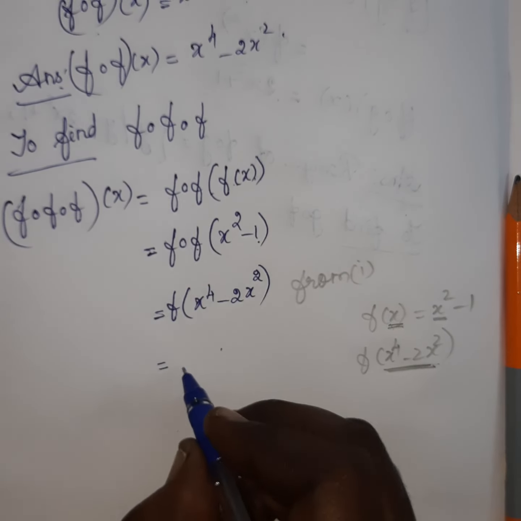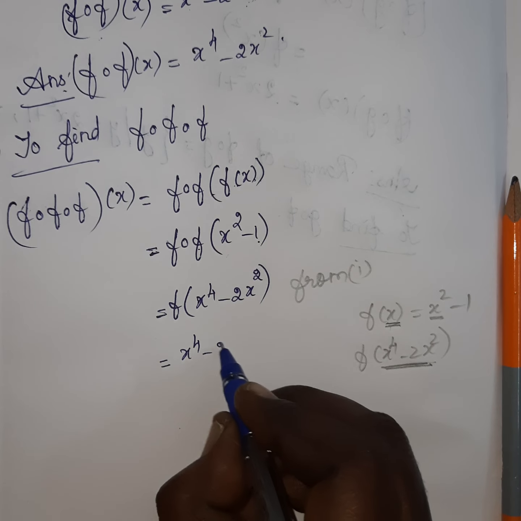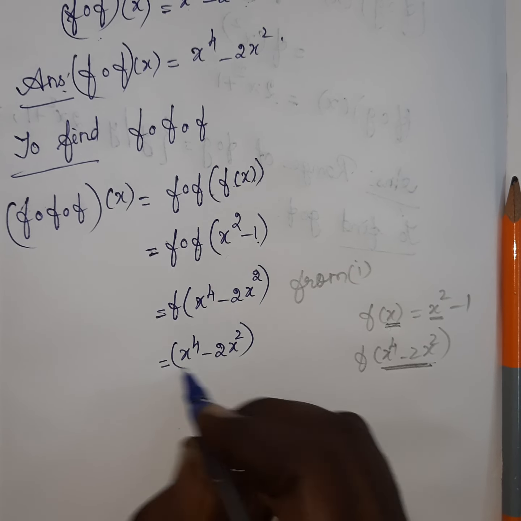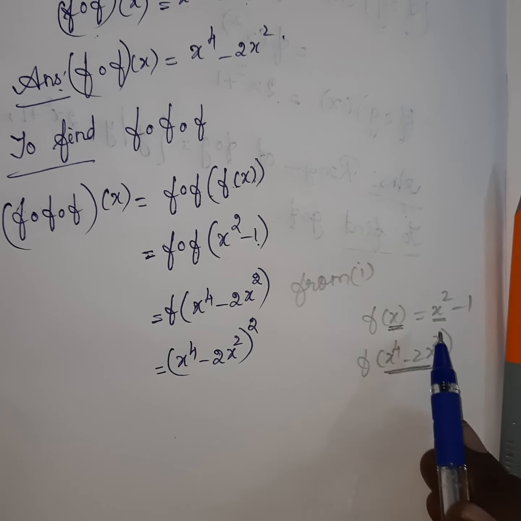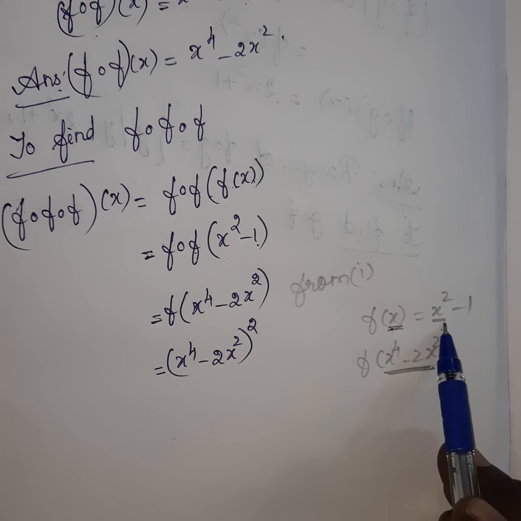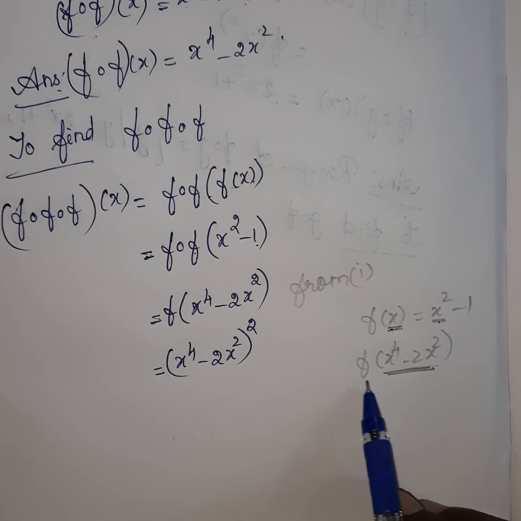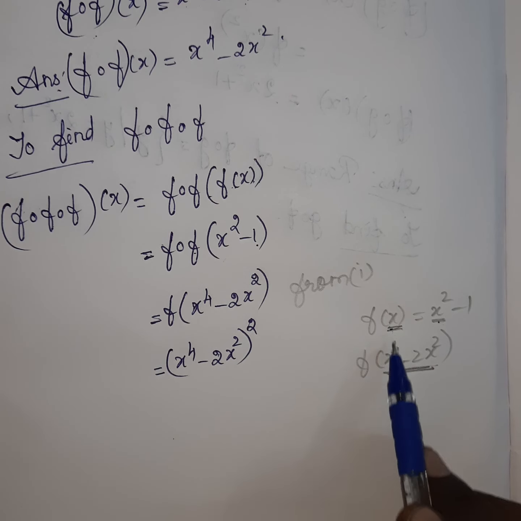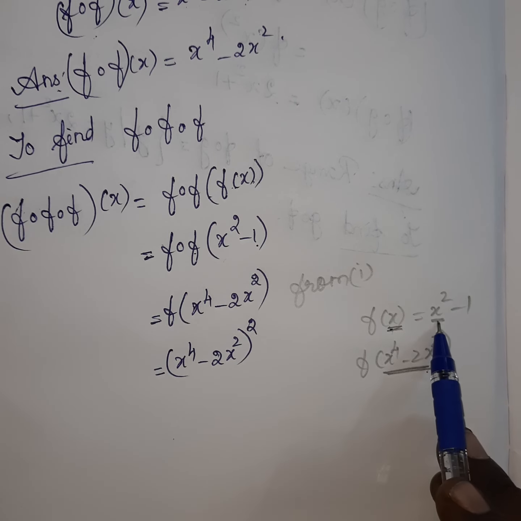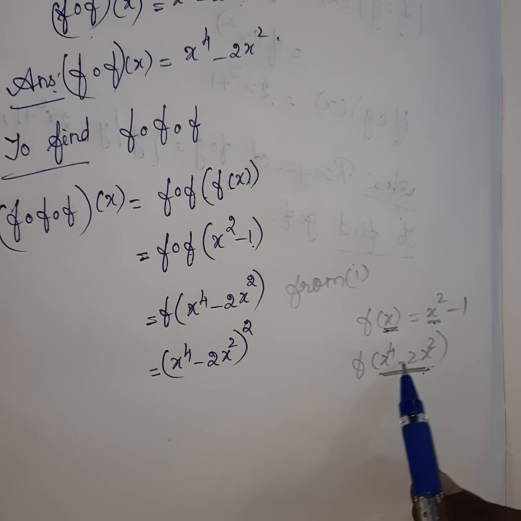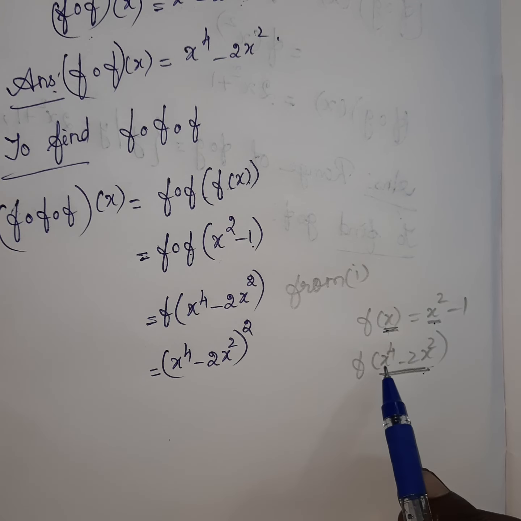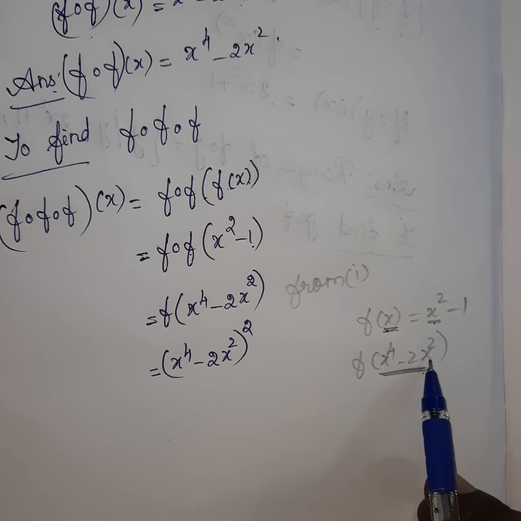So what you get? X power 4 minus 2x square the whole square. Are all clear? Instead of this x, here you have x. The same way for this function f of x power 4 minus 2x square, replace this by x. So we got this.